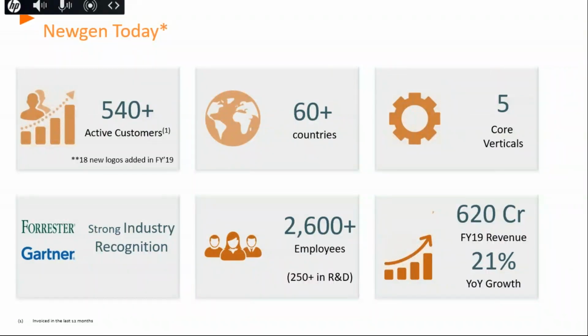We have more than 2,600 employees across the globe, out of which 250 are dedicated to R&D. We have also applied for more than 40 patents in the technologies that we work on. Our current revenue in Indian currency is 620 crore, and for the past several years we have been showing 21% year-on-year growth.